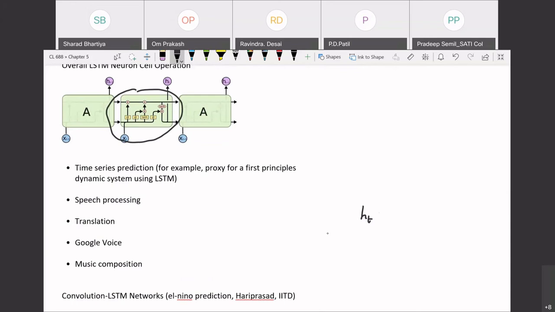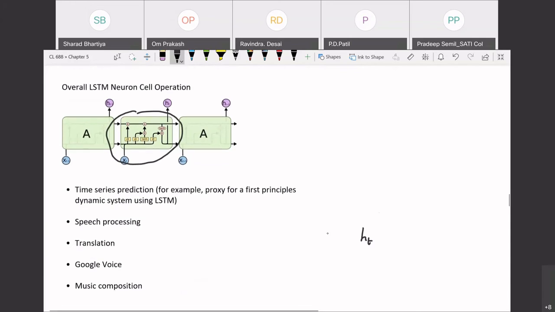And these recurrent neural nets are used, for example, if I have a first principles model, I can use it for predicting using an LSTM. I could also use it for speech processing, for translation. We all have heard about this Google Voice, and also for making musical composition.